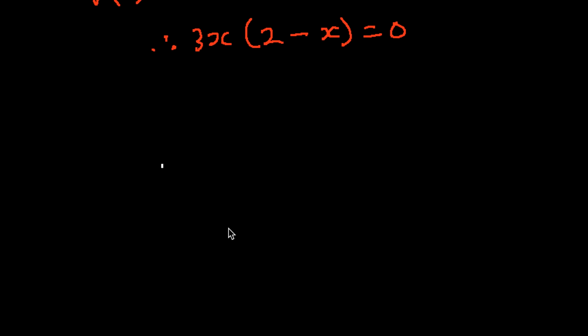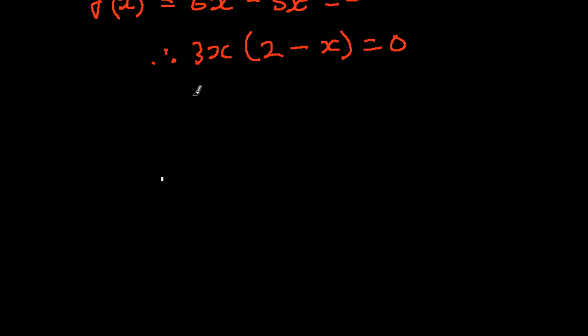We can further simplify this by dividing both sides by 3, and we're going to find out that x times 2 minus x is equal to 0. And simplifying this, we can tell that x is equal to 0 is one of the possible answers. But also, if x is equal to 2, then we also have another valid answer.